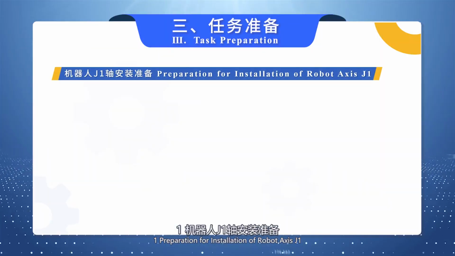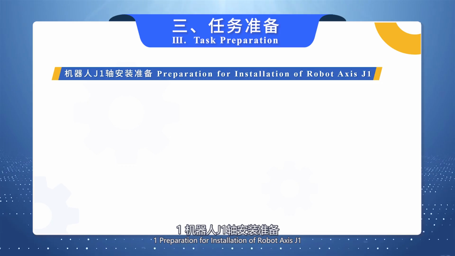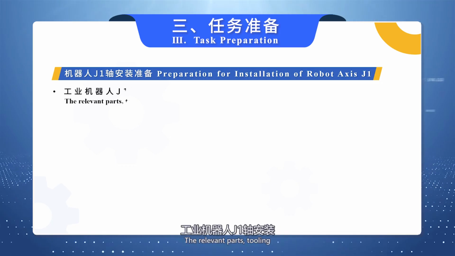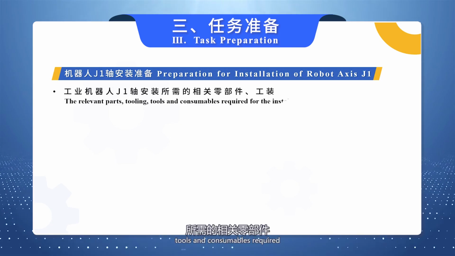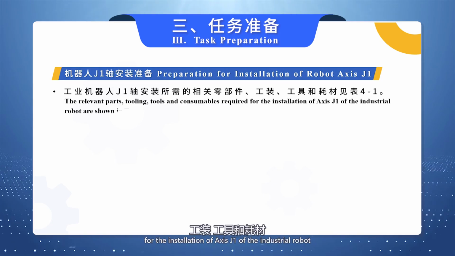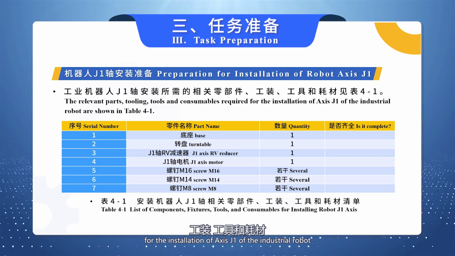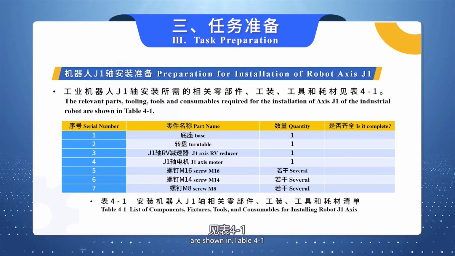First, preparation for installation of Robot Axis J1. The relevant parts, tooling, tools and consumables required for the installation of Axis J1 of the industrial robot are shown in Table 4-1.